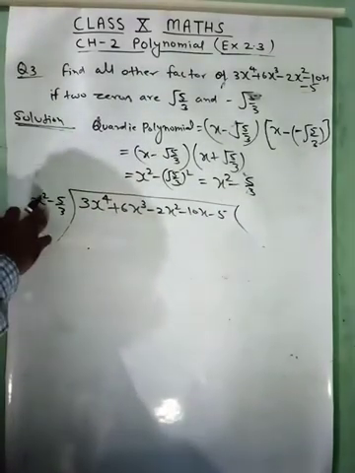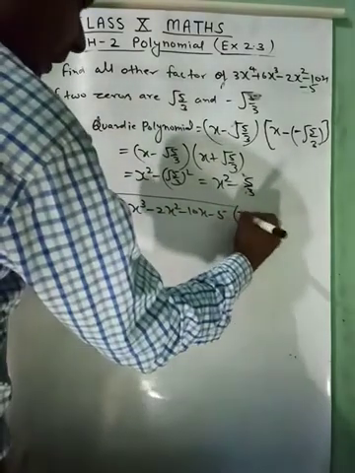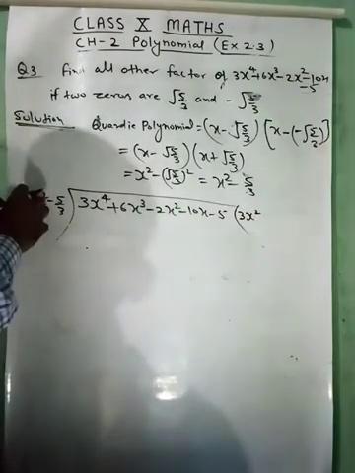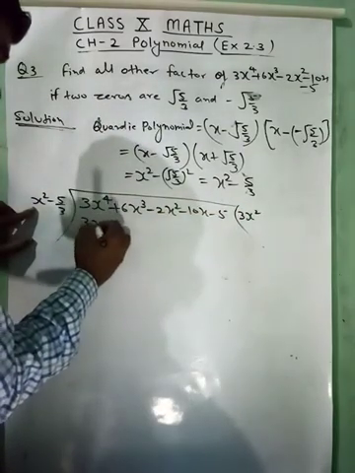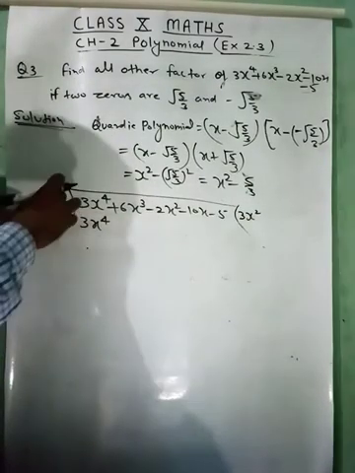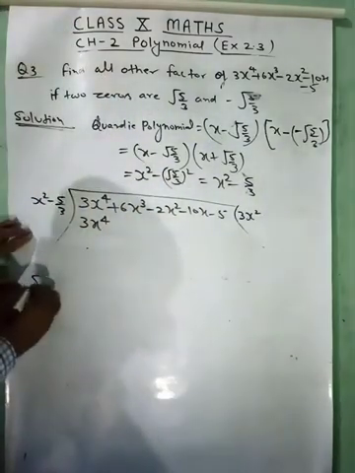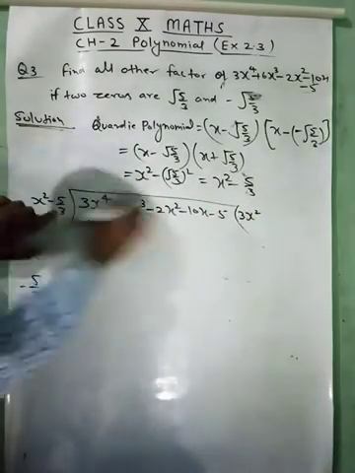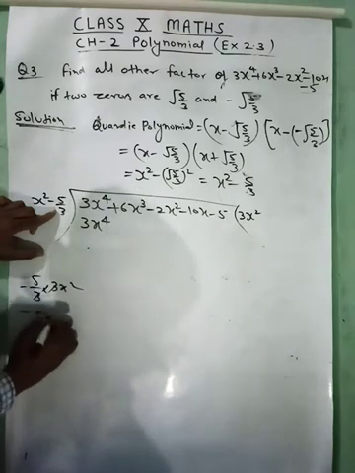Divide it. First we have to remove 3x to power 4. So we take 3x square. Its power is 2. It will give 3x to power 4. Now 3x square is multiplied with minus 5/3, so minus 5/3 into 3x square, 3 will be cancelled. It means minus 5x square.